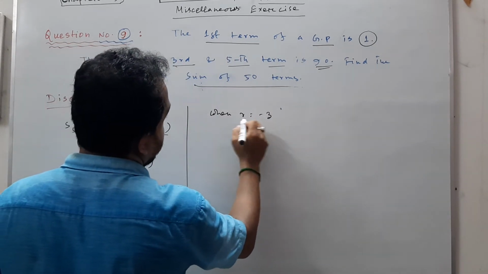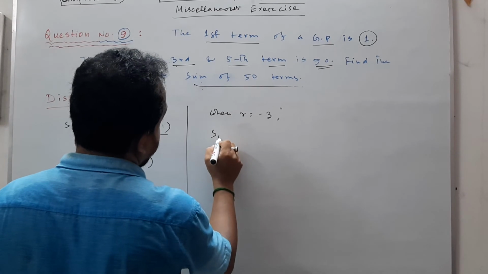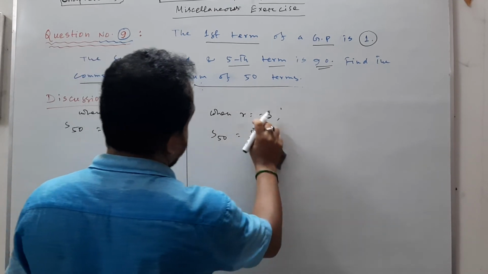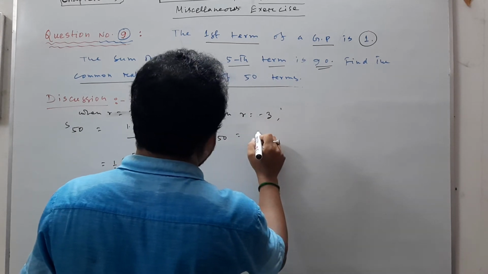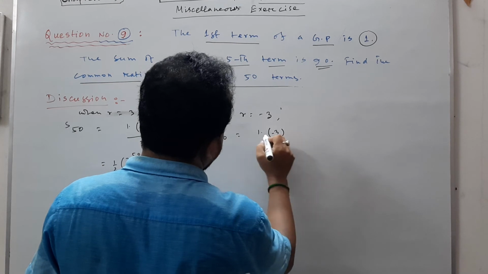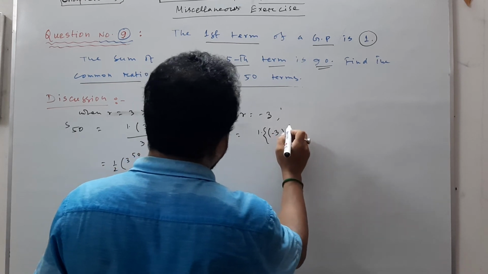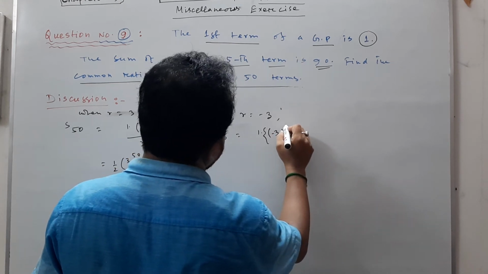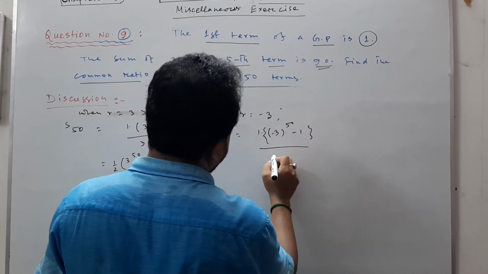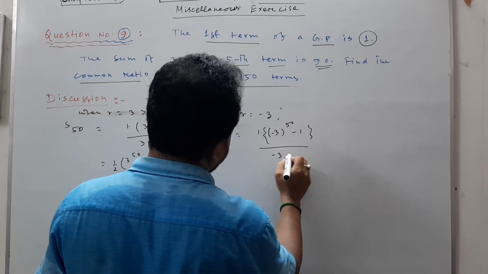But when R is equal to minus 3, S50 is equal to the first term into 1 minus minus 3 power 50, whole divided by 1 minus minus 3.